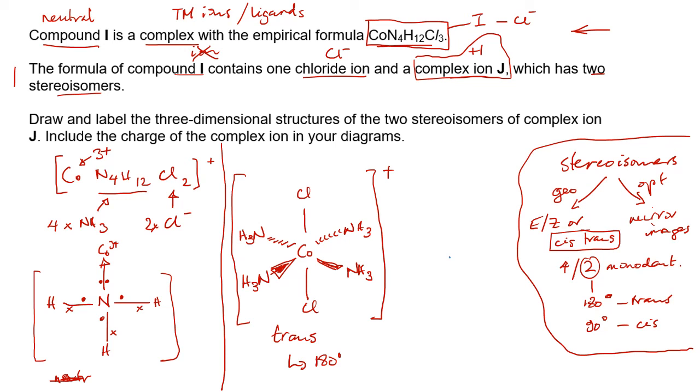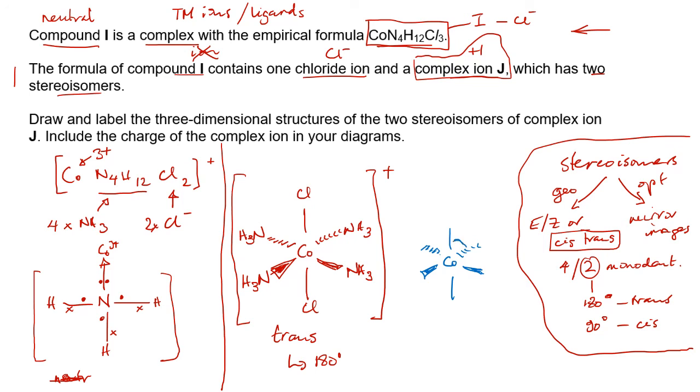stereoisomer. Again, we're going to draw our cobalt with our basic octahedral shape in the same way, like so. But this time we want the bond angle between our ligand that we only have 2 of to be 90 degrees. So let's just pick these two here.